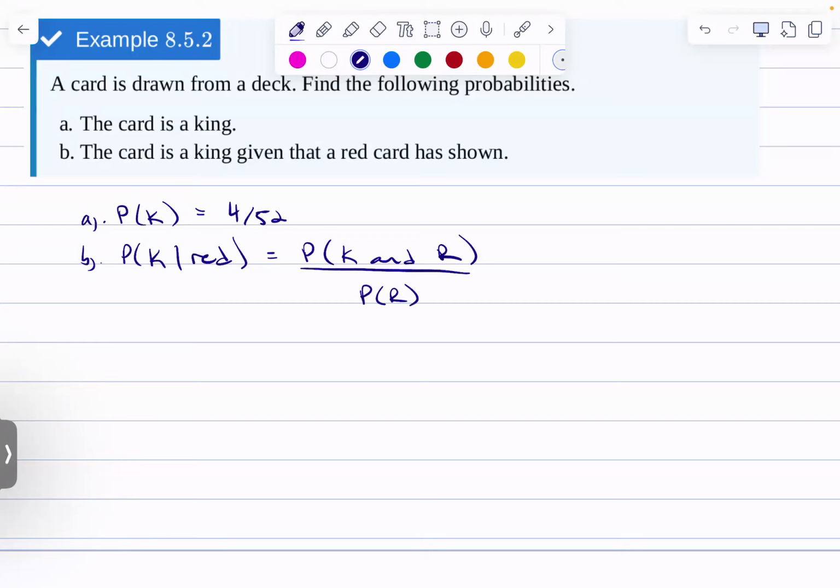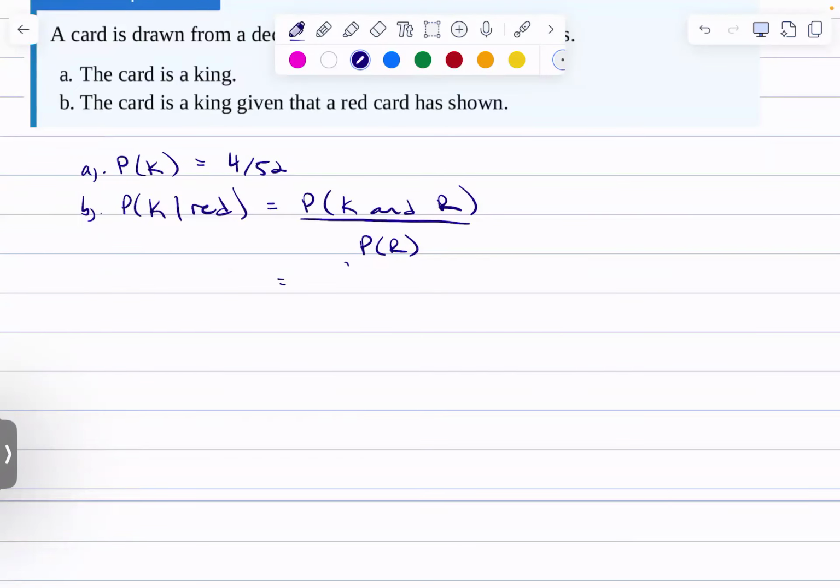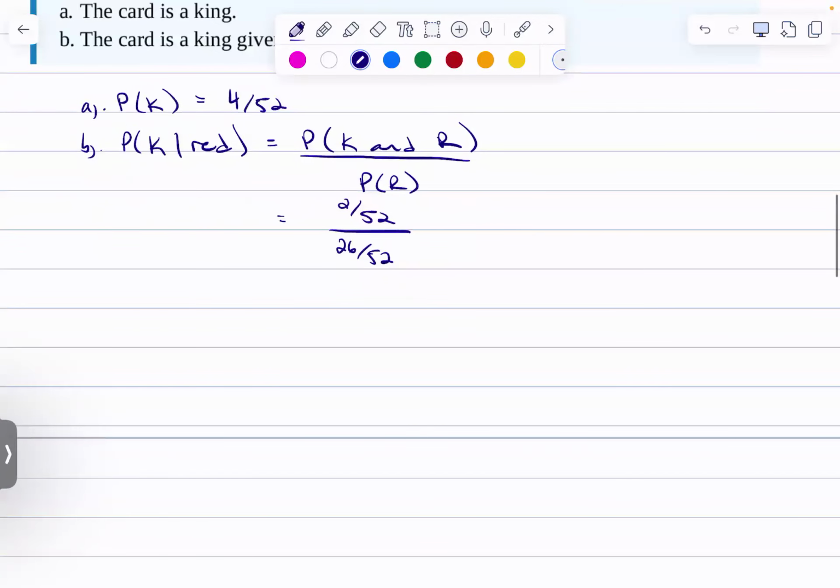Or if you just want to reason your way to it, right? There's 26 red cards in a deck of 52, and there's 2 red kings, so 2 out of 26. Or you can use the formula and say, okay, a king and a red is 2/52, and the reds is 26/52. So then I get 2/26.